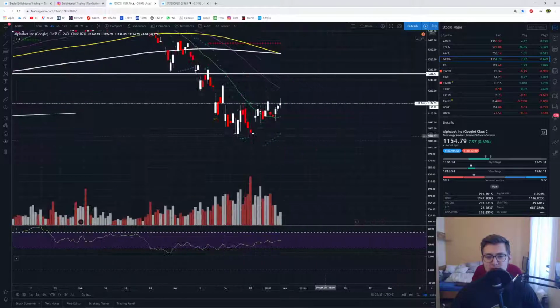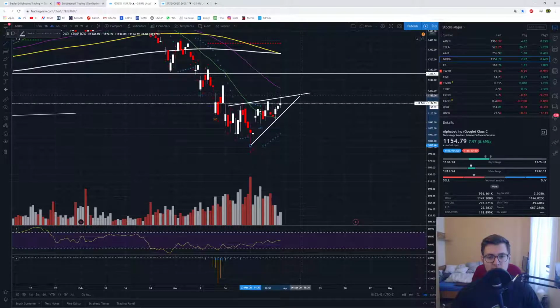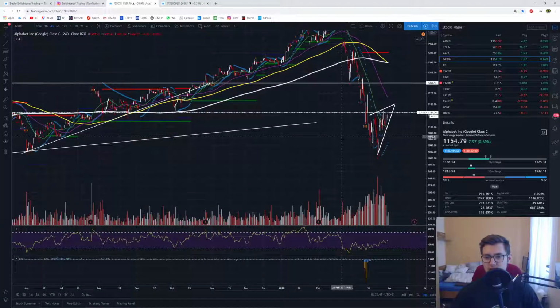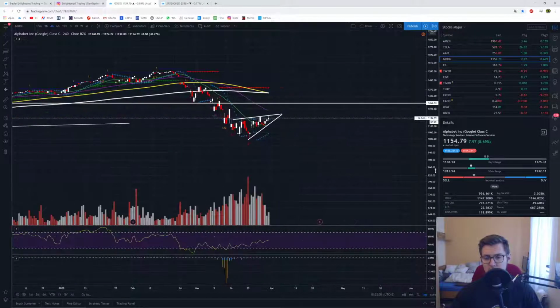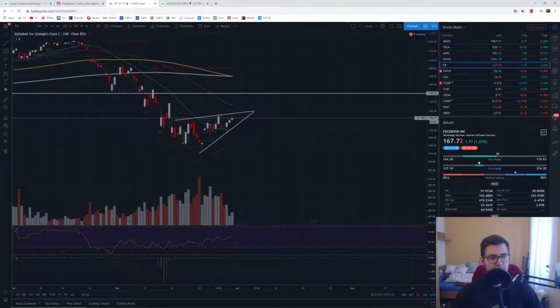There is a possibility for a rising wedge here on a daily, so you have to keep that in mind if you are long Google currently. But I do think this doesn't look too bad. I do think lower lows are more likely here than on Tesla. But there is a horizontal resistance where we are currently residing. So this is key if we break it.